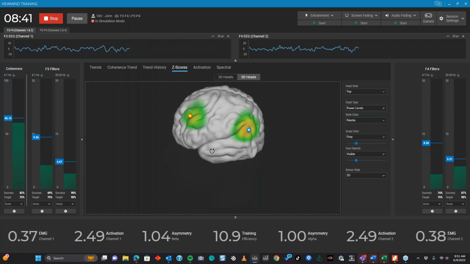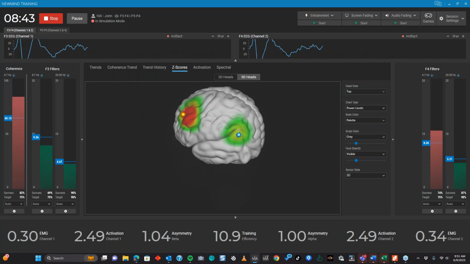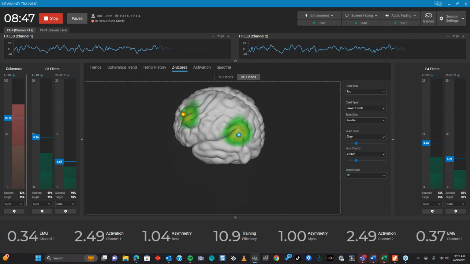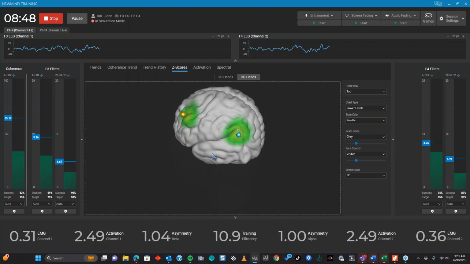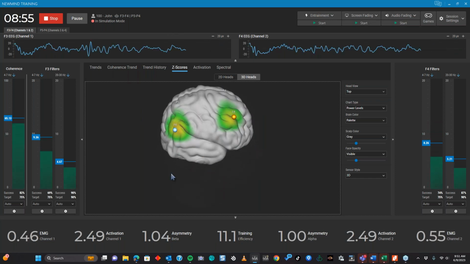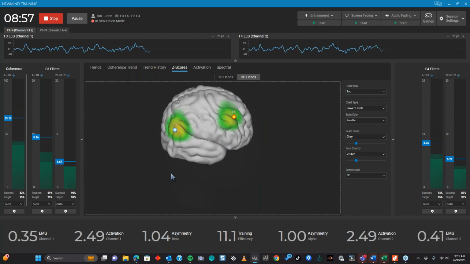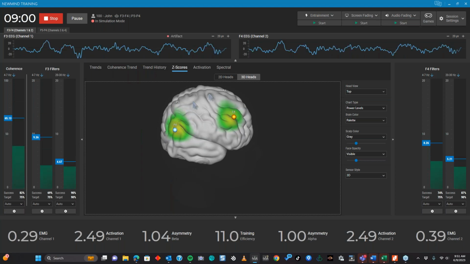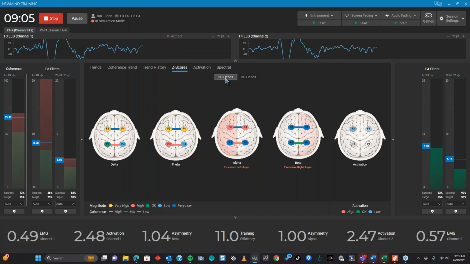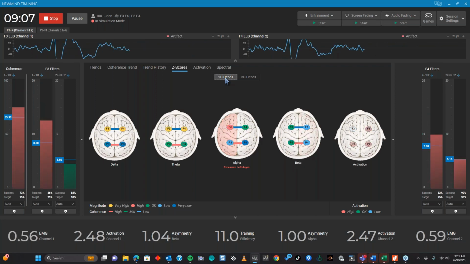It's kind of cool to show your clients, or if you're going to do a health fair, you can have this up on your screen and people go ooh and ah. The 2D heads, though, aren't as cool to look at, but they definitely give us all the information we need, training using these coherence protocols, to see what the coherence is between these sites.